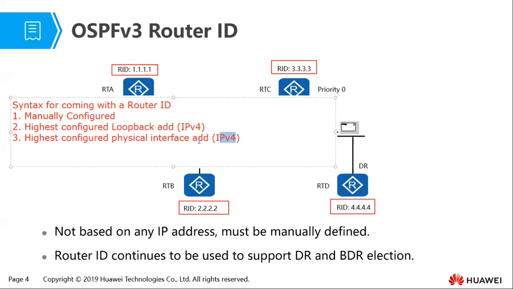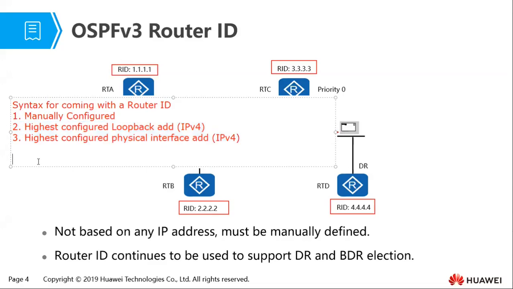However, that is not possible in OSPF version 3 because IPv6 has a completely different architecture made up of 128 bits. So in OSPFv3, we can only configure router IDs manually.